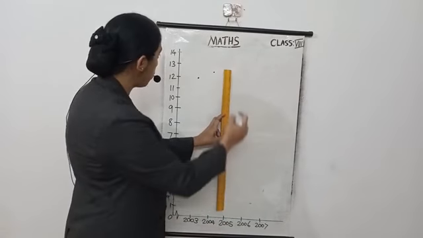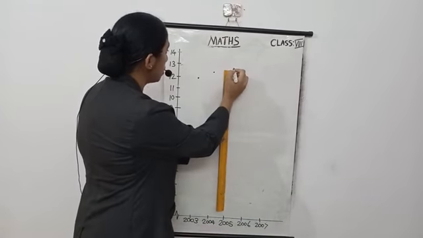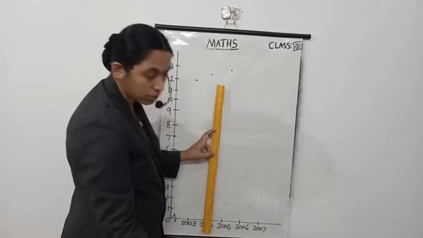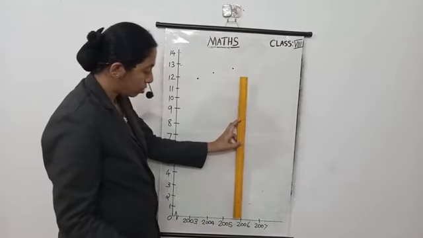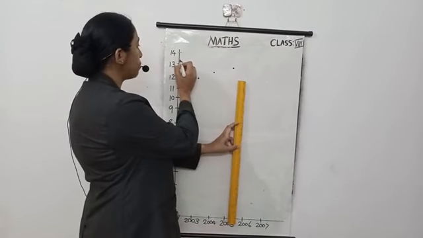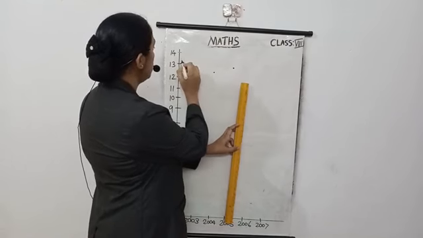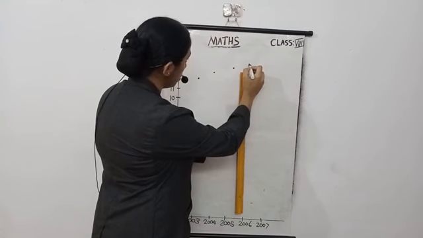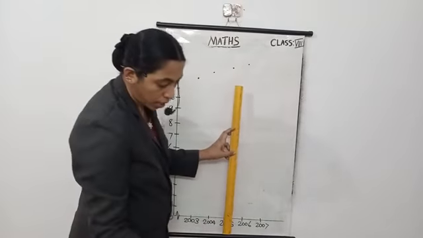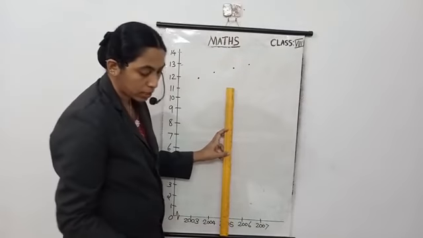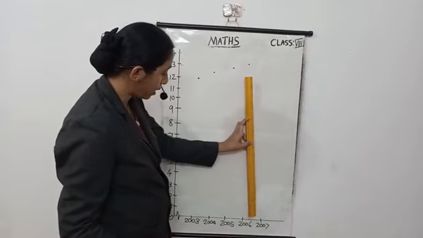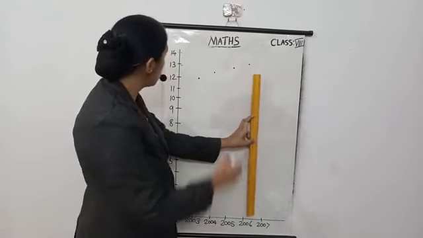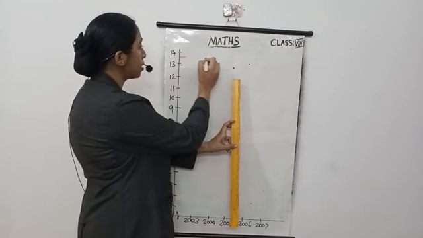So 2005, 13 corresponding here. Okay. Now next is 2006, 13.2. So 13.2 is a little above 13. So here 13.2. Okay. Now next is 2007, 13.5. So between this, here.